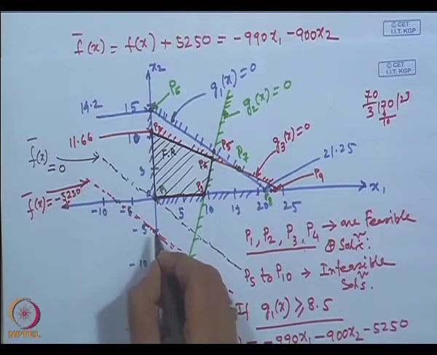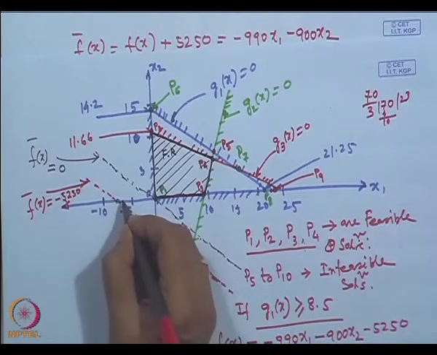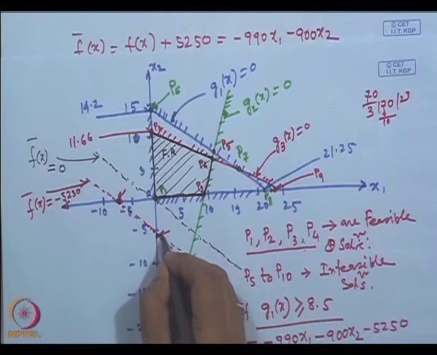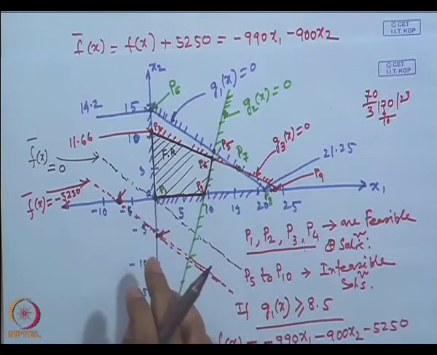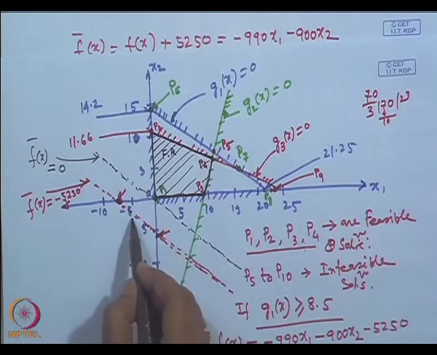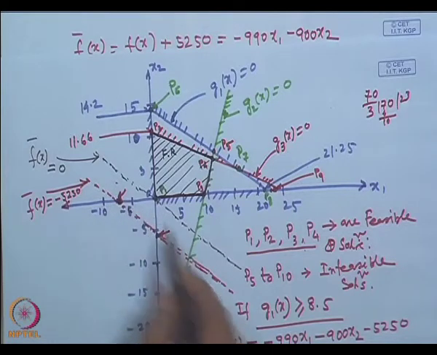One can easily find the line corresponding to this one. This value is decreasing, but any point on this line or anywhere in a, this is not the feasible solution. So, though the function value is decreased, the solution is not acceptable.